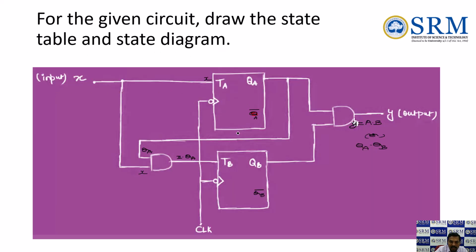Now step 2. In step 2 we are going to write a state table. The outputs are QA and QB, using two flip-flops, as well as the input. So I am writing the present state, then the input, that is X, and then the next state.